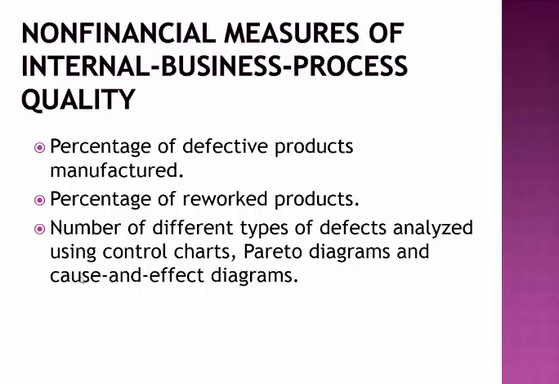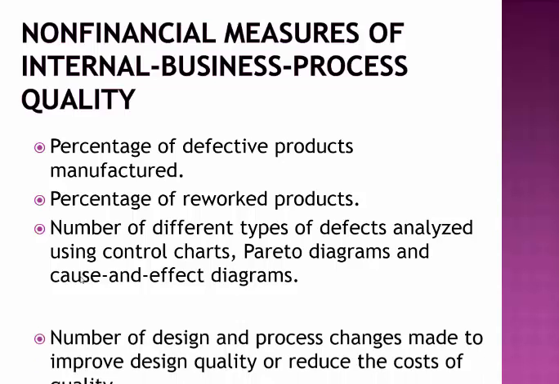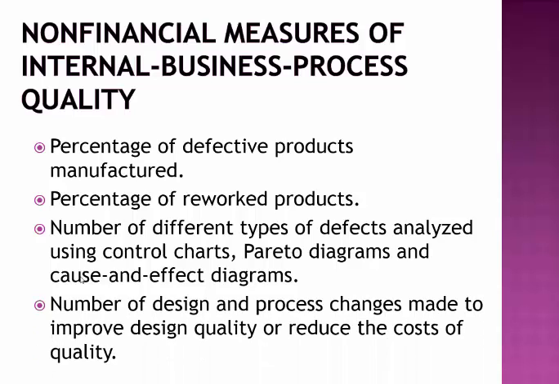So improving these measures will lead to greater customer satisfaction, lower our cost of quality, and of course result in better financial performance. The number of design and process changes made to improve our design quality or reduce the cost of quality, these are things that we can also track.